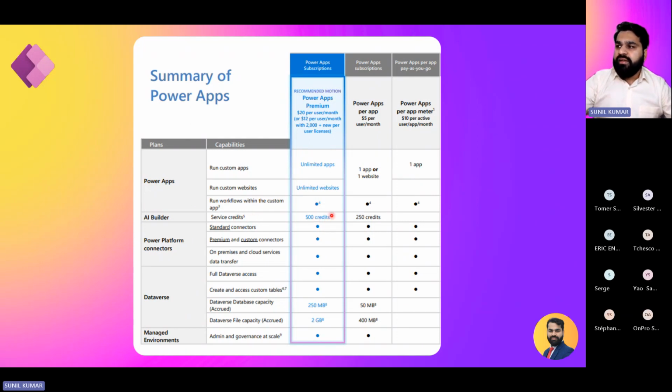For that, 500 credits are loaded to the organization for any user who has the $20 Power Apps Premium license. Okay. Now, from the Power Platform connectors point of view, these users will be able to access all the standard connectors. These users will be able to access all the premium and custom connectors also.